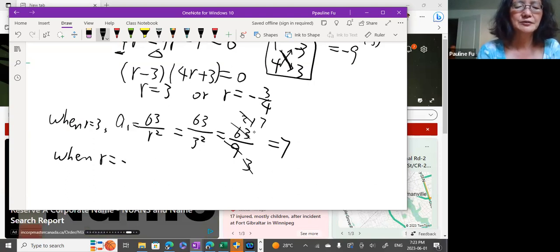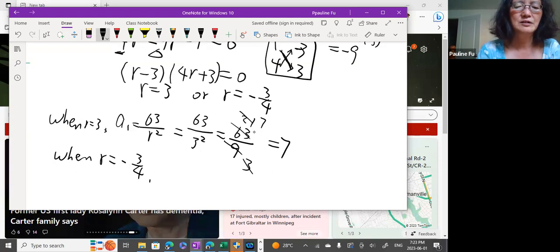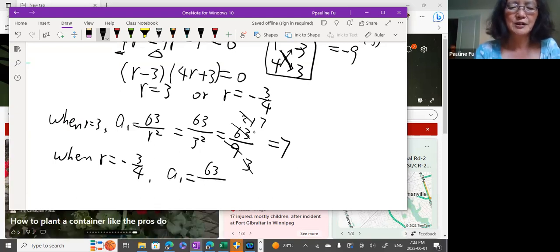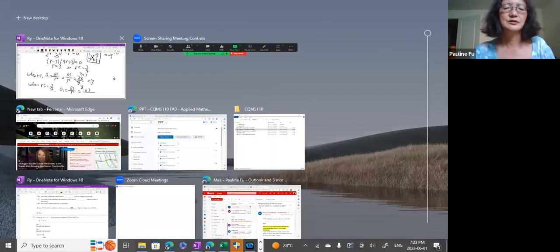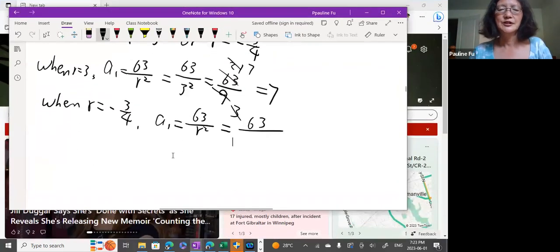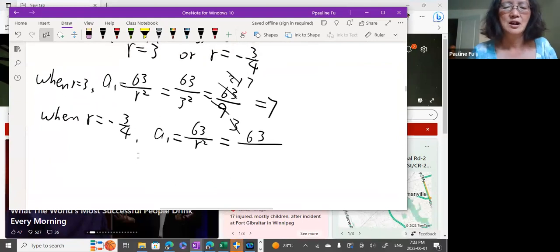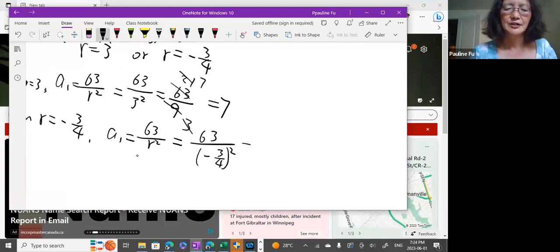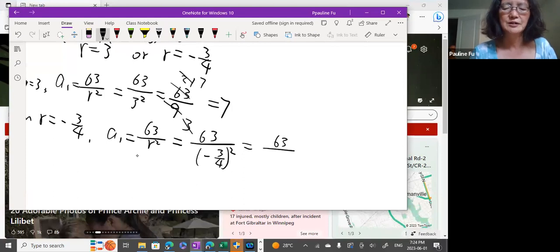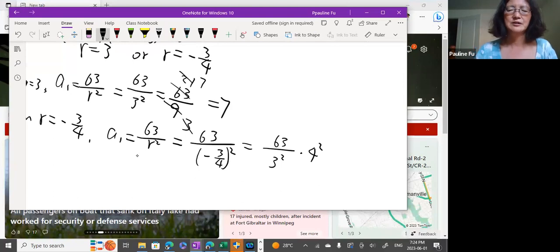Then when R equal to negative 3 over 4, A1 equal to 63 over R squared, so 63 over (negative 3 over 4) squared. Okay, so it would be 63 over 3 squared times 4 squared.